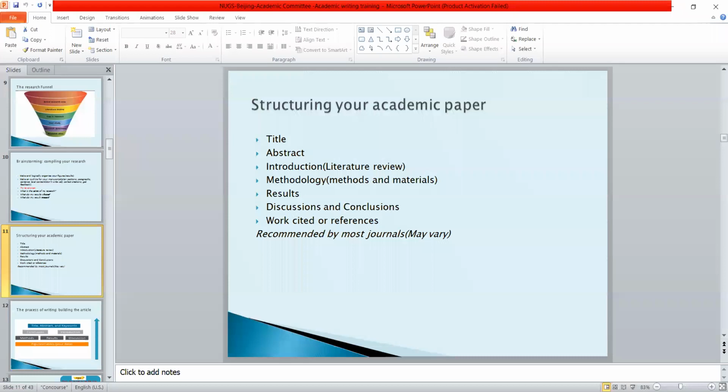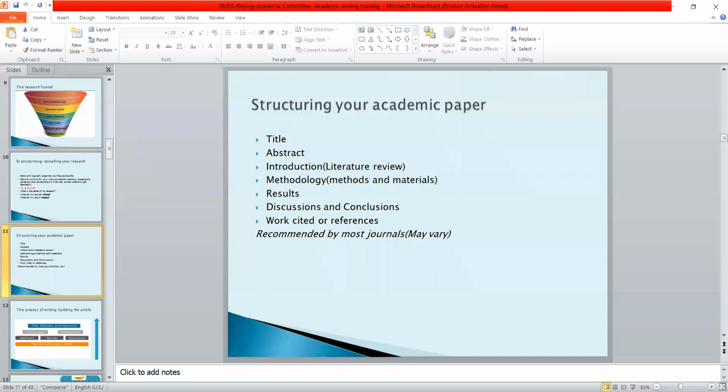Now, let's look at the structuring of your academic paper. Basically, the generally accepted structure for writing an academic paper may vary from academic journal to academic journal, but basically they all include this. We have the title, the abstract, the introduction, and then the literature review, which are sometimes the same.